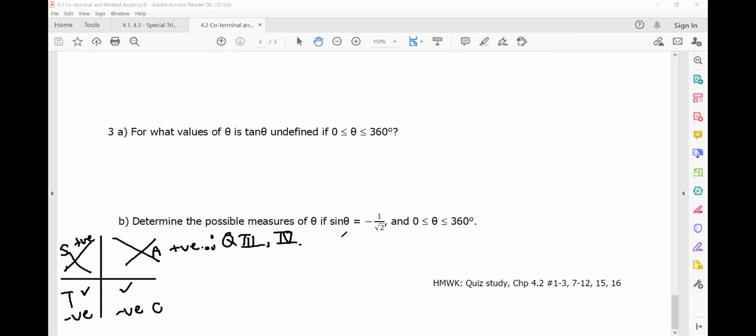Now, let's pretend that it is positive. So if sine theta was in fact positive, what are the angles? In other words, what would the smallest angle possible be? Anyone remember?